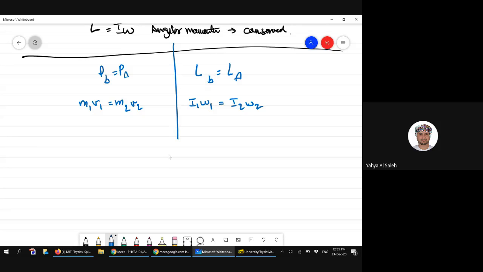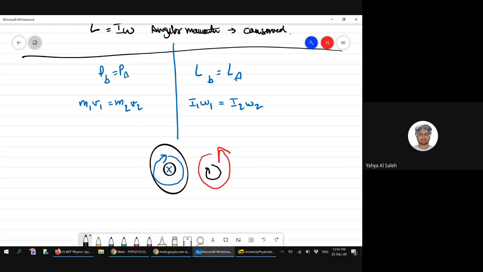Now, if initially I am not moving but I have something moving in this direction, then I flip it the other way around, just like you saw in the video, and now this thing is moving in the opposite direction. To have the same value of L that I had before, instead of being still, I now need to start spinning in the opposite direction, so that the total amount of L I have in the system is the same.